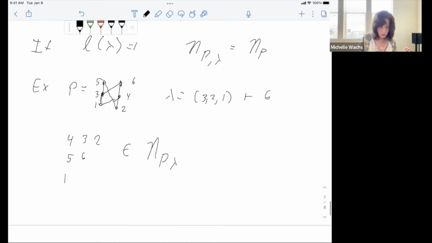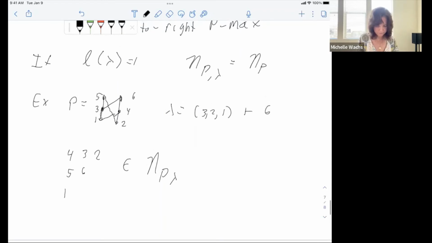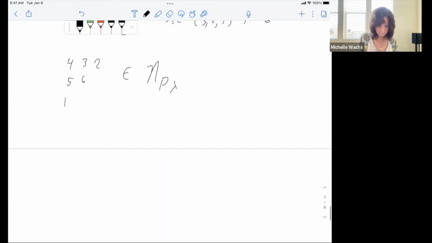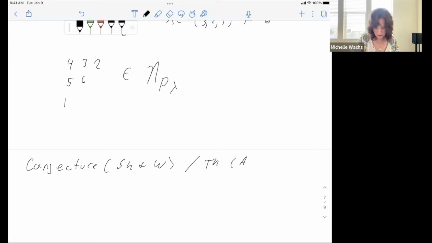So here's the general conjecture, which was proved by Athanasiadis.